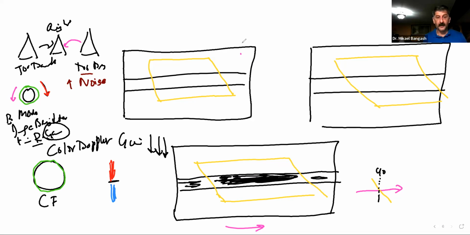So what we actually can do is we can increase the color Doppler gain. How do we increase the color Doppler gain? Mainly, just like as we did with our receiver gain or B mode, turning this knob here clockwise.